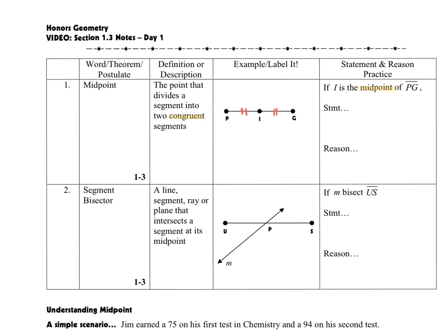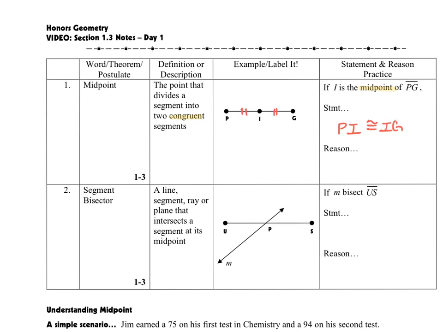Now, geometrically, I can write that as a statement. Remember, this is another thing that'll go on the back side of that note card. I'm going to write PI is congruent to IG. Now, last time when we did segment addition and we actually wrote an equation with an equals sign, we did not put any bars on the tops of these.